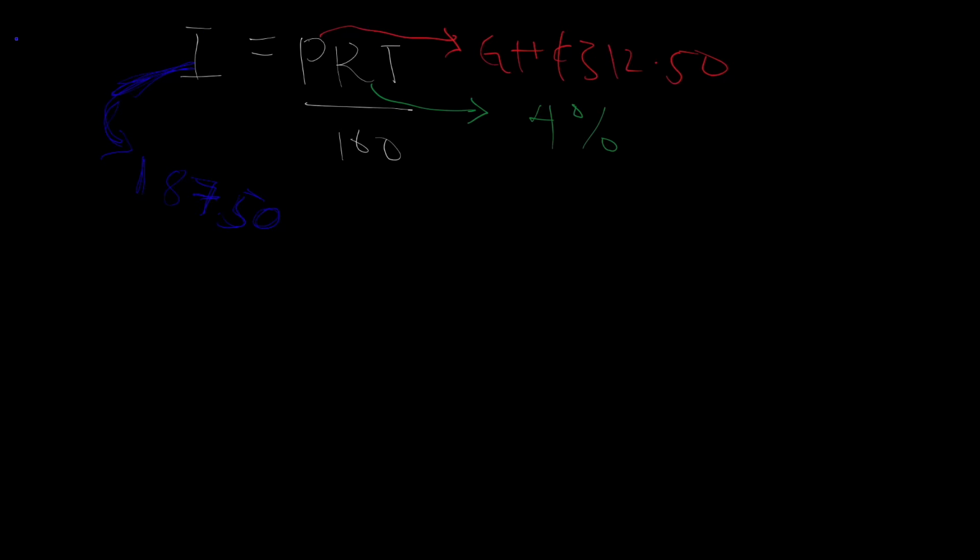So what we are left with is the time. So when we make time the subject, we know that T should be equal to I times 100 over PR.